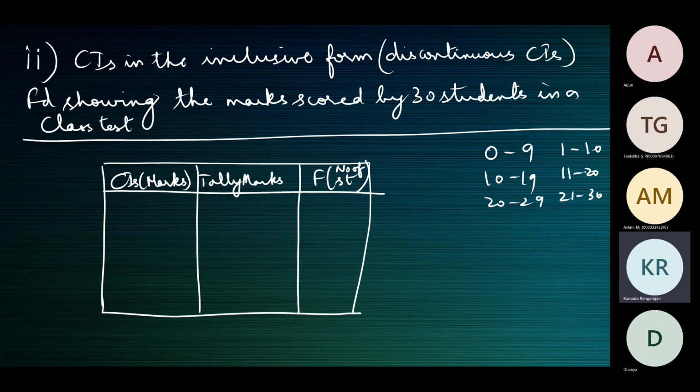When you create class intervals, you must not have too many. We have 30 numbers in the question. For these 30 numbers, you should not create 15 class intervals. That's too much. About 5 to 6 class intervals are enough.